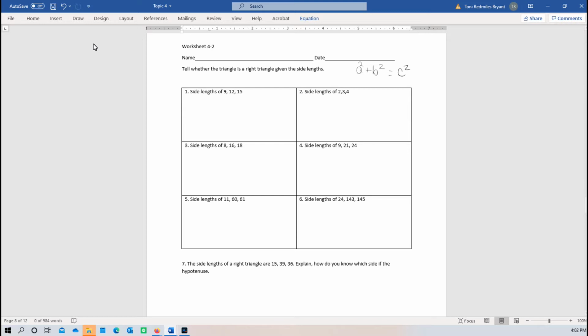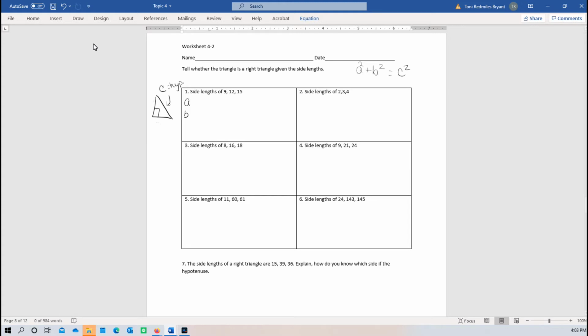So how do we know which of these sides to put in for A, B, and C? Well, A and B are interchangeable. They both make the 90-degree angle, and they both hold the same kind of weight within the relationship. But the hypotenuse, or C, is always the longest side.